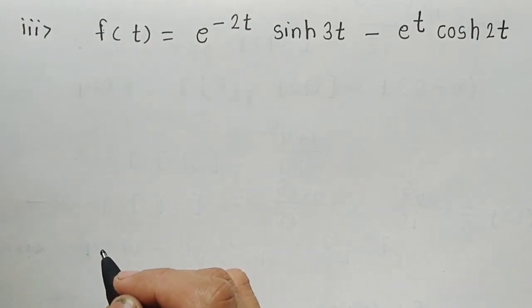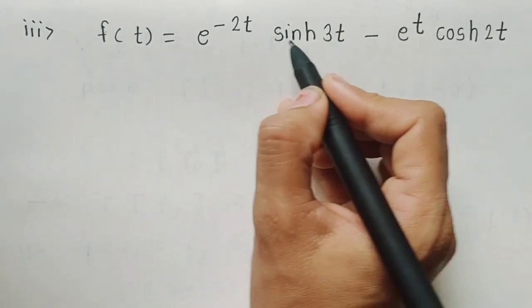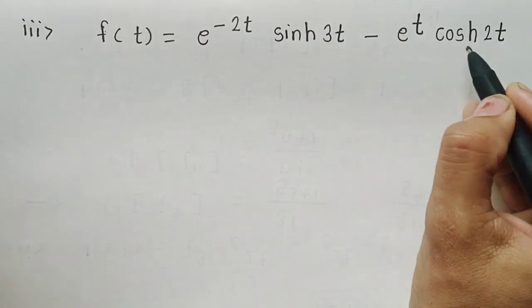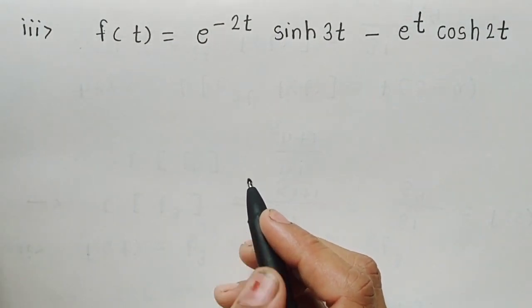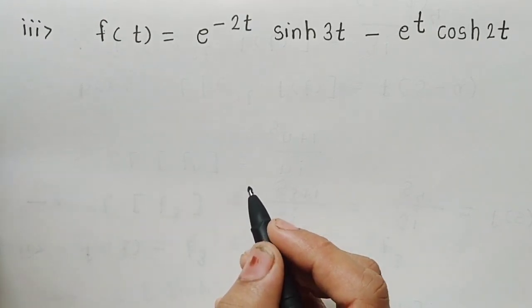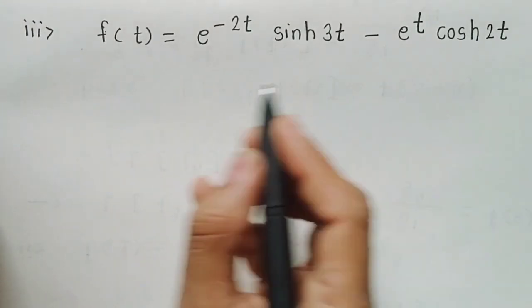Now consider the third question. f of t equals e raised to minus 2t sinh 3t minus e raised to t cosh 2t. So here we use the linearity property as well as the first shifting property. But before that, find out the Laplace of sinh 3t and cosh 2t.